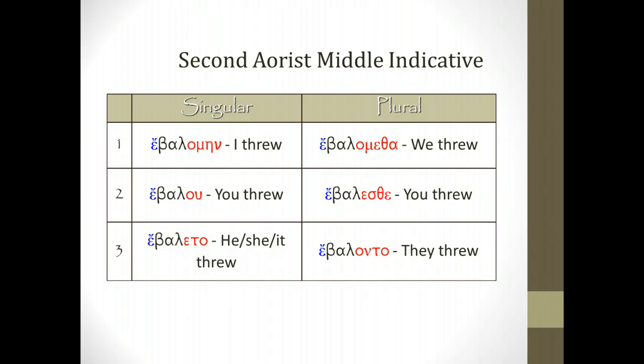Ebalomen, ebalou, ebaleto, ebalometha, ebalesthe, ebalonto. And these would be I threw for myself, you threw for yourself, he, she, or it threw for itself, and then we threw for ourselves, you threw for yourselves, they threw for themselves. Keep in mind here that these are not passive, they are only the middle. You will be learning the passive later.